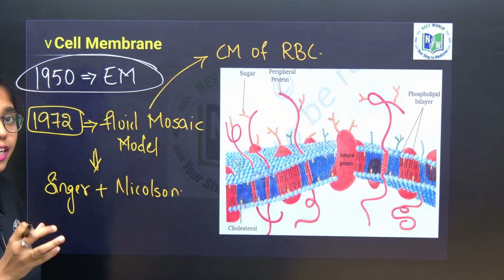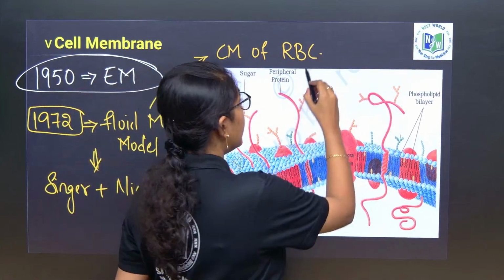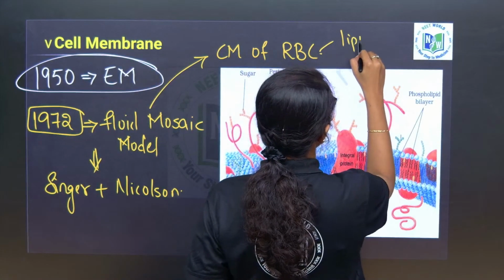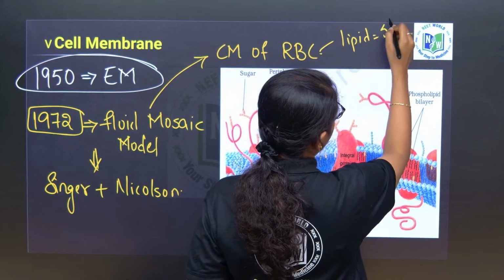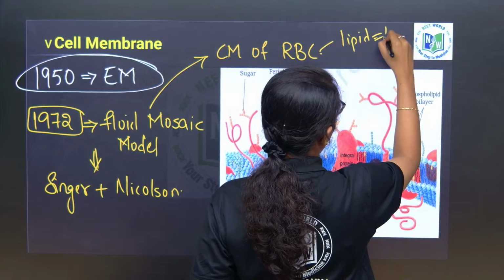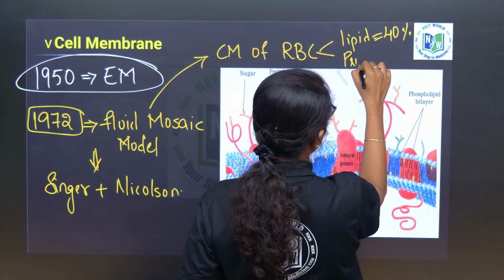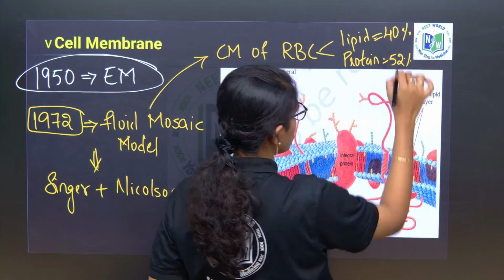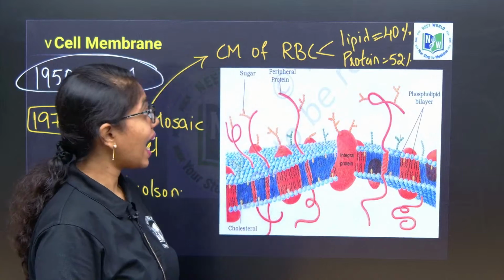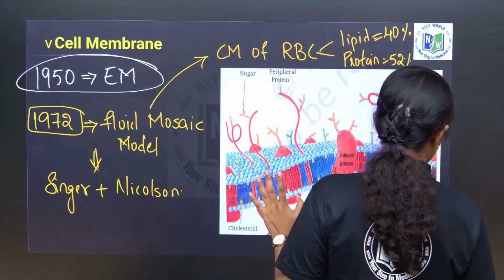In erythrocyte or RBC, what will be the protein and lipid composition? Lipid composition is 40%, whereas protein composition is 52%. This is about the cell membrane.